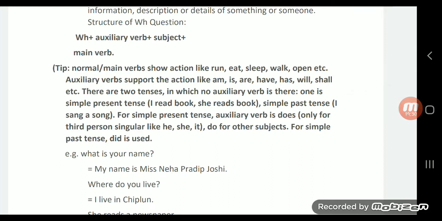They are not like run, eat, sleep, walk, open. They are different, like am, is, are, have, has, will, shall, etc. In the sentences you made earlier, am, is, are, have, has have appeared. So you used them before this, but you didn't know the actual term for that. Now you know the term, that is auxiliary verb or helping verb. Okay.